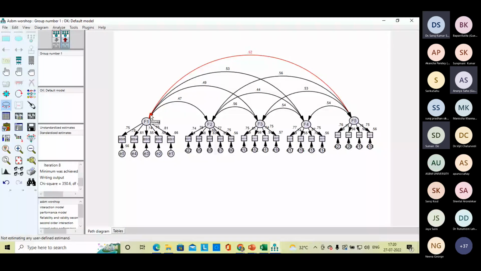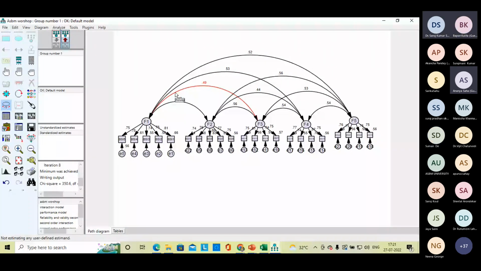Then F1 to F4, 0.53. Look at my screen, it is red highlighted, 0.53. Then F1 to F3, it is 0.49.